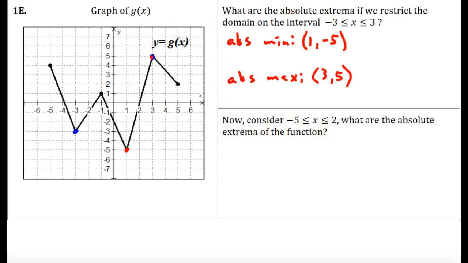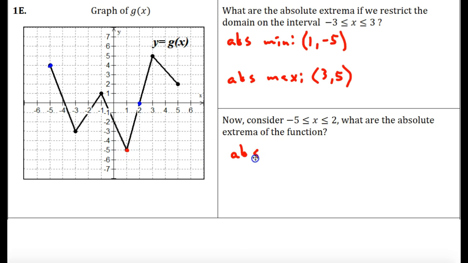So now it says let's change what piece of this graph we're looking at. So now I just want to look at the piece from -5 up to 2. So I'm just looking now at this piece of the graph. So the smallest value I reach on this piece looks like it's the same as my first part, right?